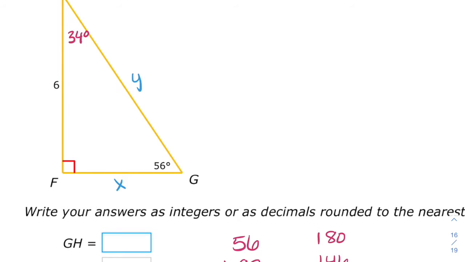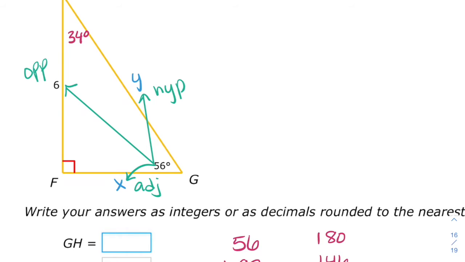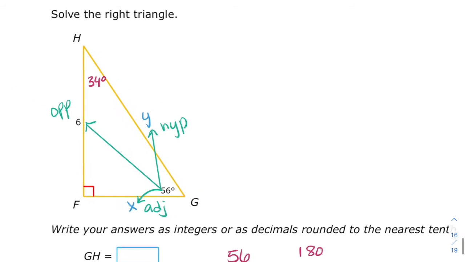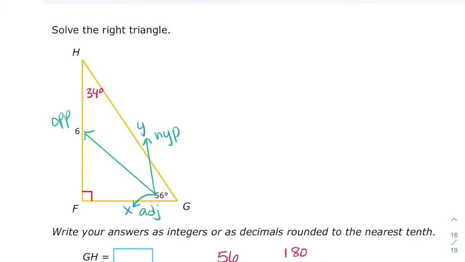Let me use green. Here's my opposite side. Here's my hypotenuse. And then this one is my adjacent side. So I'm going to have 2 functions. The first one is going to be the sine.